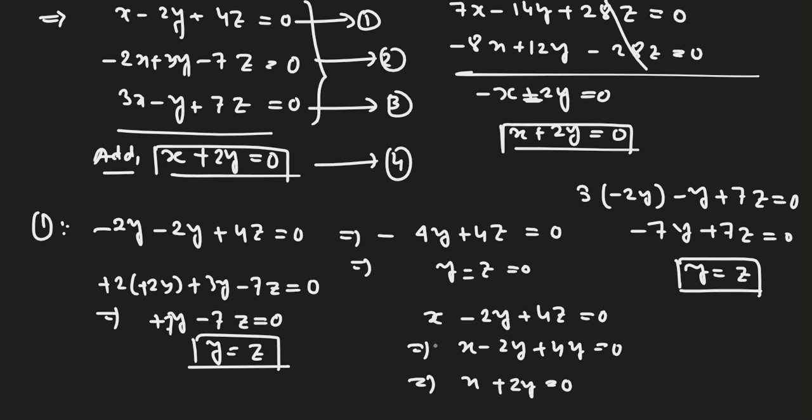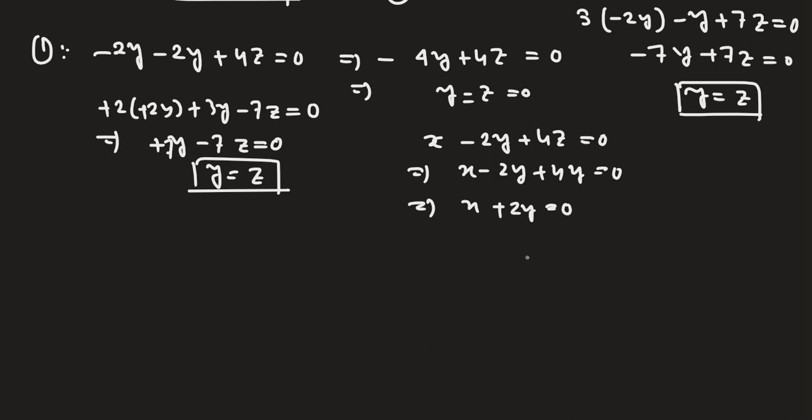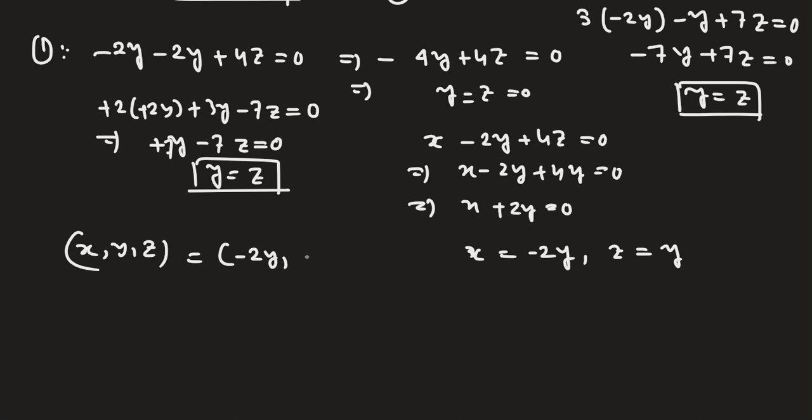So now we can write x is minus 2y and z is also y. So our solution is x comma y comma z, which will be x is equal to minus 2y, y is y, z is also y. If you take y common, it will be minus 2, 1, 1. So one solution we can take, x is minus 2, y is 1, z is 1.